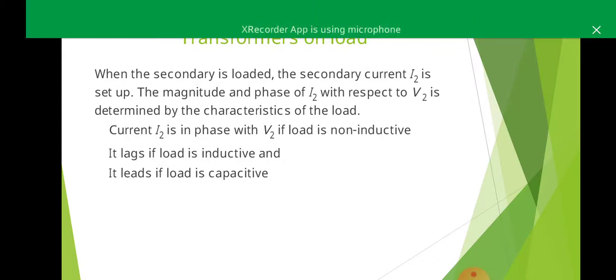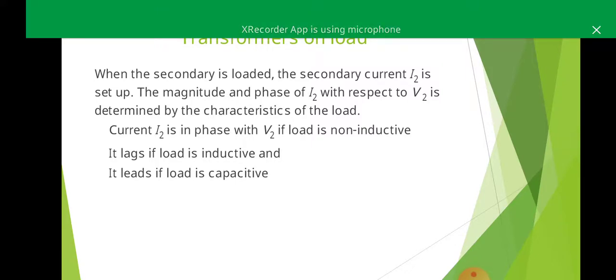Transformer on load. Now what happens if we connect a load on the secondary side of a transformer? When the secondary is loaded, the secondary current I2 is set up. The magnitude and phase of I2 with respect to V2 is determined by the characteristic of the load.